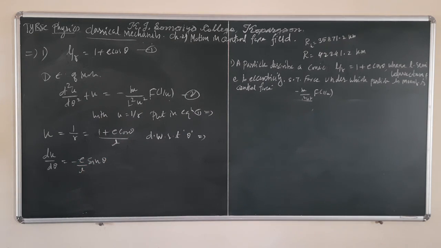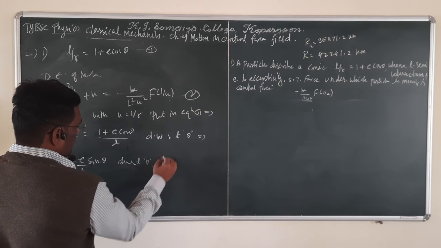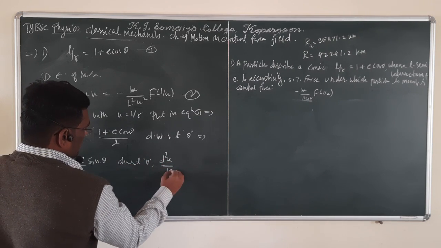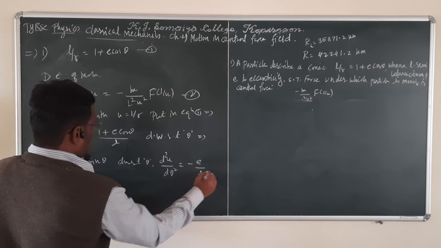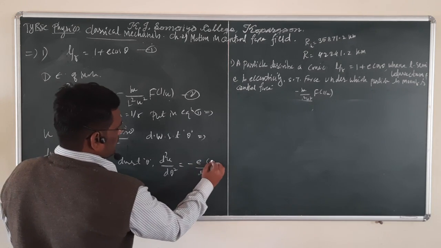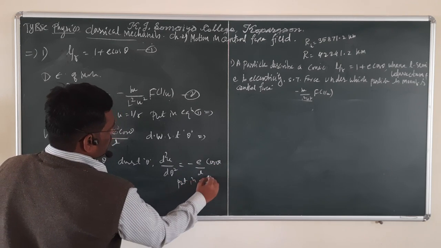Again differentiating with respect to theta, d2u by d theta square is equal to minus e upon l times the derivative of sin theta, which is cos theta. So put in equation 2.